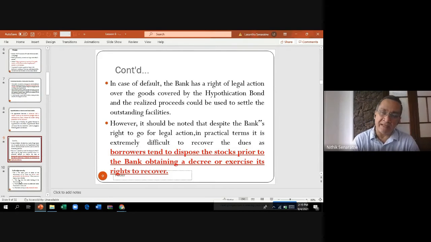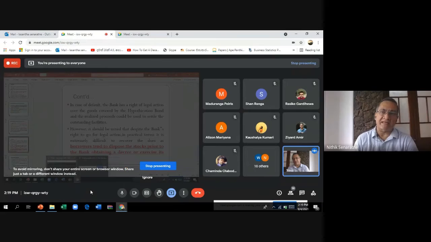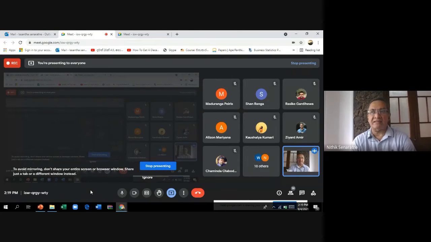Now, assume that there are stocks in a pledge facility. The case is dragging for years and years. In such an instance, you can't take the stuff out. The customer can't take the stuff out. Sometimes the goods will get perished. Sometimes the goods will get destroyed by the time the judgment comes.